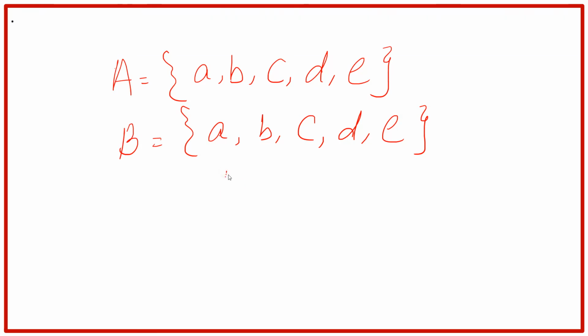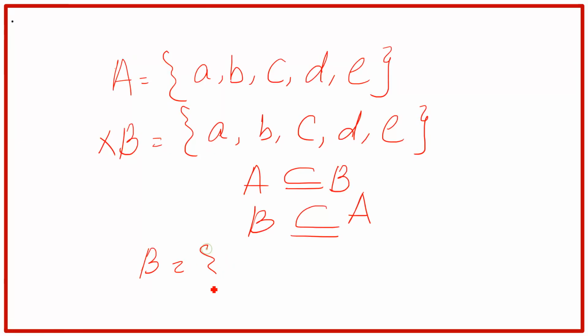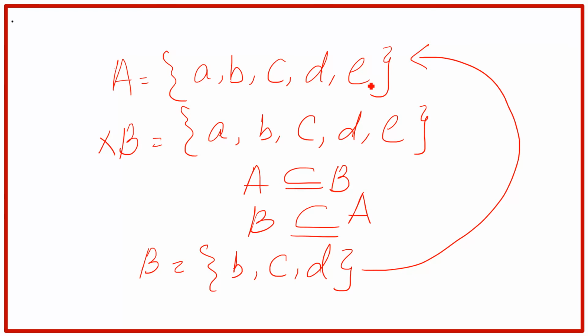So we will say that A is the subset of B, or B is the subset of A. But suppose A has only B, C, D, we do not have this, instead of this we have B, C and D. So in this case, A and B are not equal, not exactly same. This is called the superset, right? So we will say that B is the proper subset.